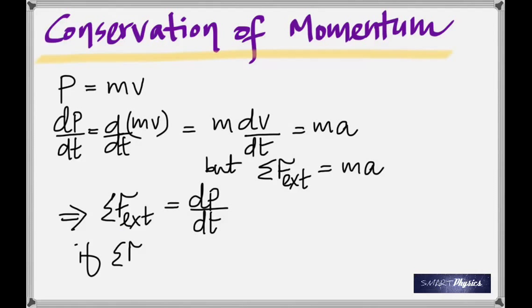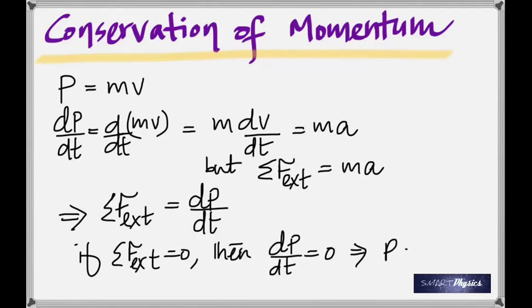That's why I told you it comes with a condition. If net external force is 0, then dp by dt is definitely 0. And if dp by dt is 0, that means p does not change, or rather p is a constant. So that is the principle of conservation of momentum. Momentum of a system is conserved if no external forces act on the system.